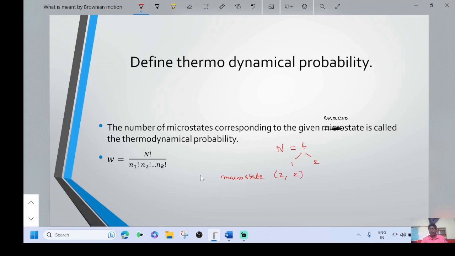The possible microstates corresponding to the macrostate is W equal to 4 factorial divided by N1 factorial, that is 2 factorial, N2 factorial, 2 factorial, which is equal to 1 into 2 into 3 into 4 divided by 1 into 2 into 1 into 2, that is equal to 6. For the given macrostate 2, 2, the possible microstates are 6.